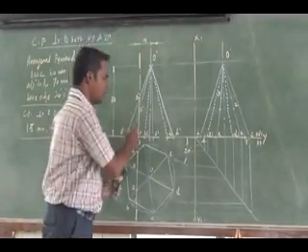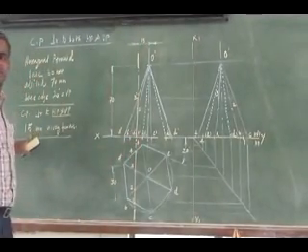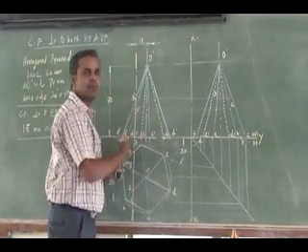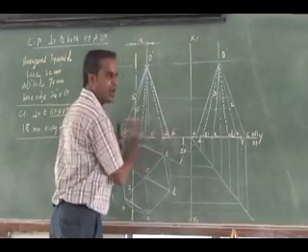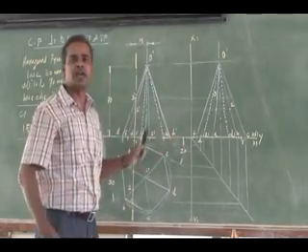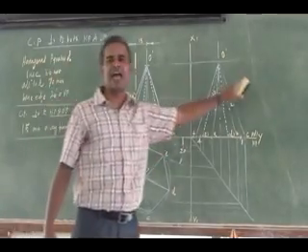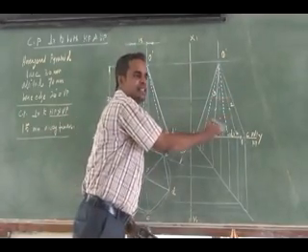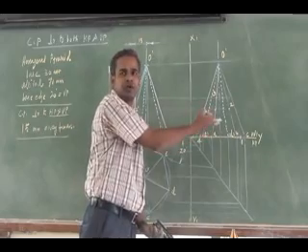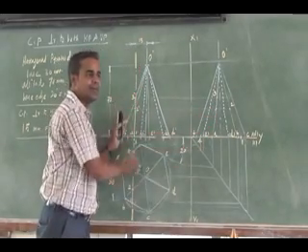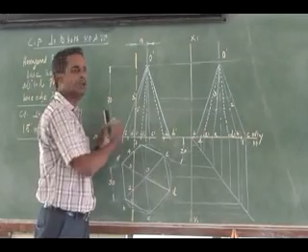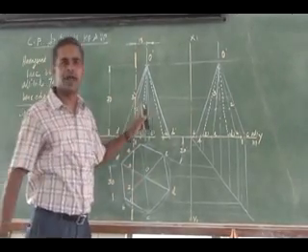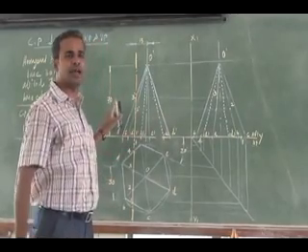Right? And the same cutting plane is 15 mm away from the axis, either to the right side or left side. That depends upon the side view which you are going for.